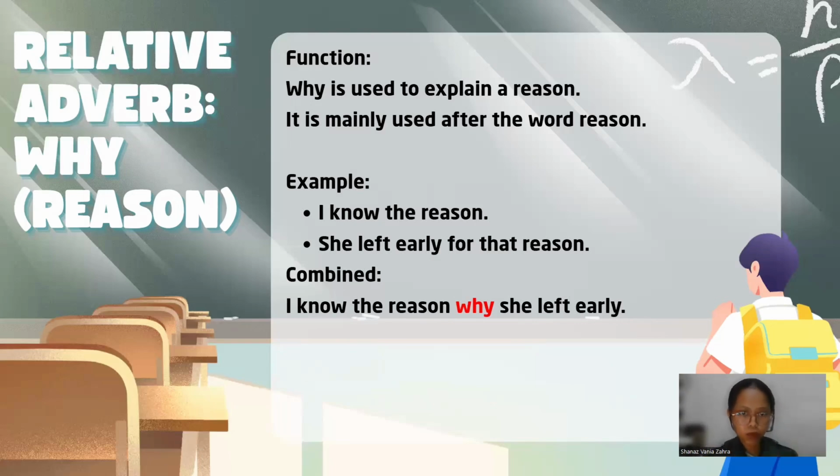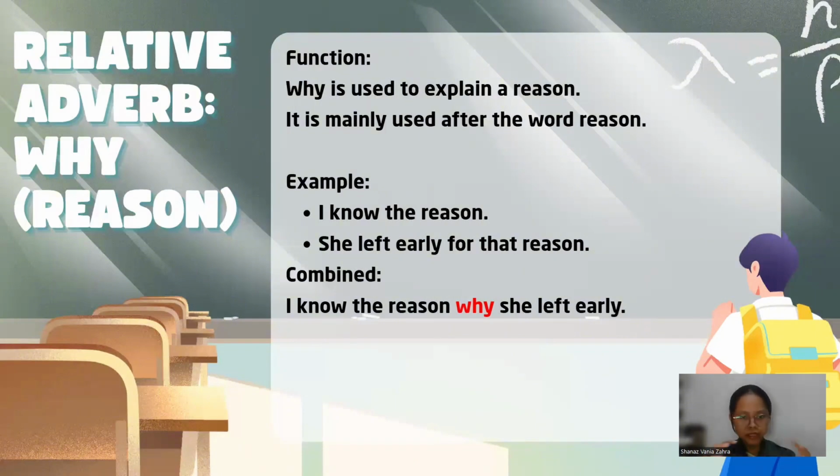It is most commonly used after the noun "reason". In the first sentence, I know the reason. We only mention the reason exists, but it's not explained yet. In the second sentence, she left early for that reason. We explain what the reason is. When we combine these two sentences, we do not repeat the phrase "for that reason".